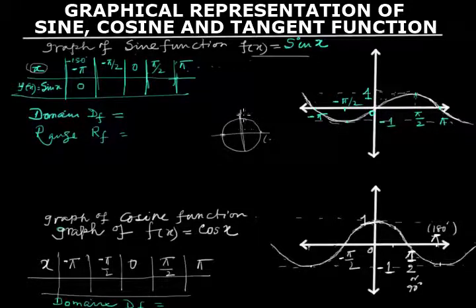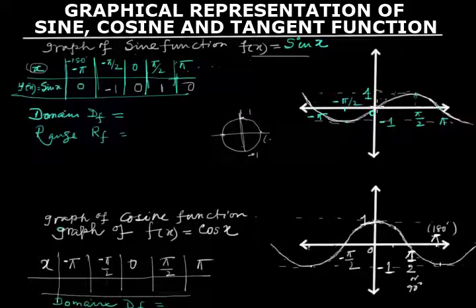Sine 90 is 1, and when the angle is minus 90 it is minus 1. So at minus pi by 2 it is minus 1, at 0 it is 0, at pi by 2 it is 1, then again 0. So it is a periodic function.